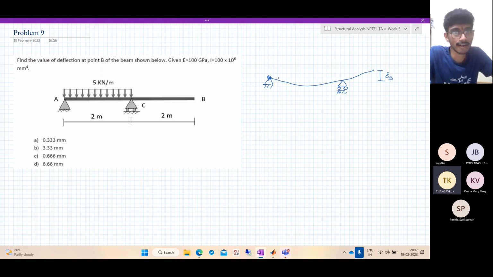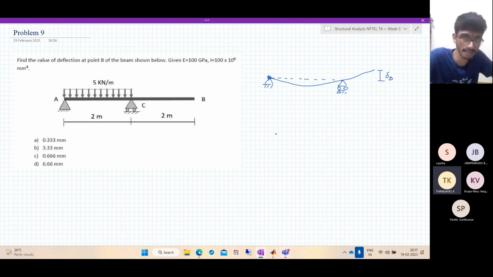Now I can tell you one more thing. If you just consider the span AC, the span CB is not carrying any load. So due to that span there is no reaction or moment coming at the point C. The entire reaction at points A and C comes only from this loaded span.